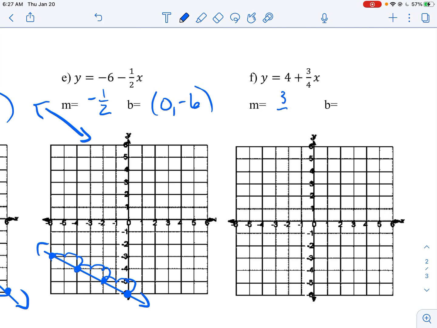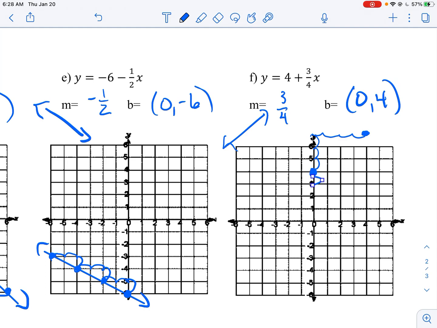This next one, the slope is 3/4. It's positive, so it's going to go this direction. The y-intercept is 0, 4. So I go to 0, 4. Look at this. I can't really go up 3. I could, and then go over 1, 2, 3, 4. But I'm really going to have to go down.